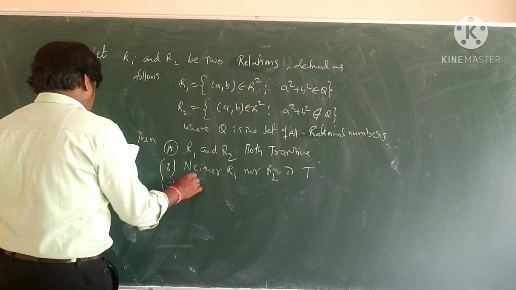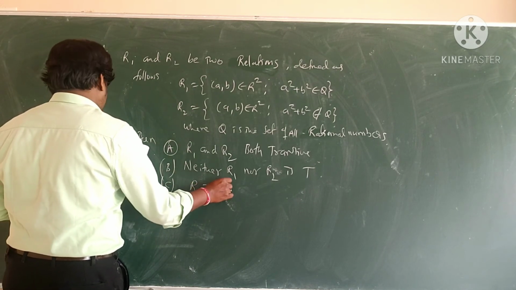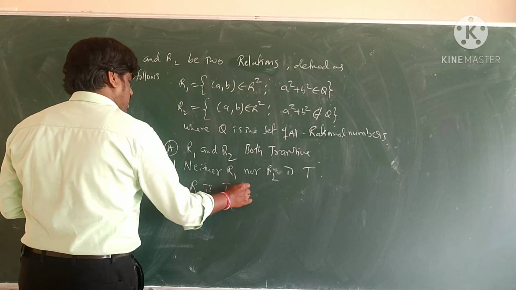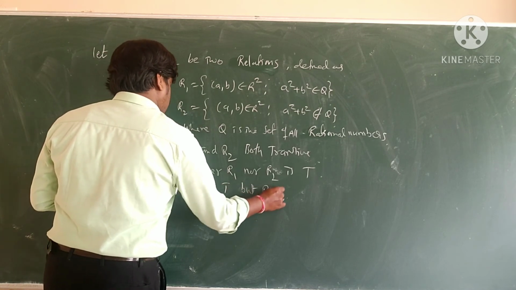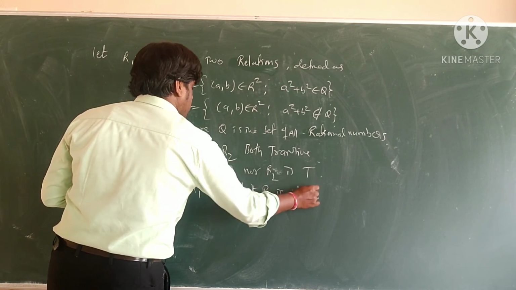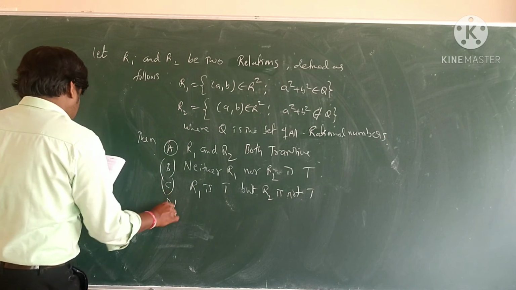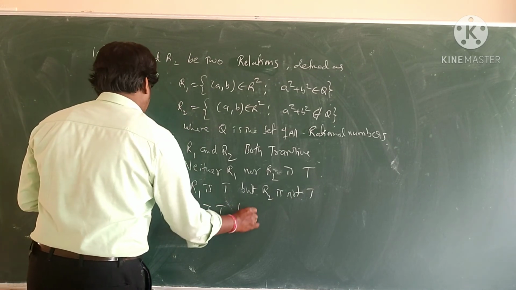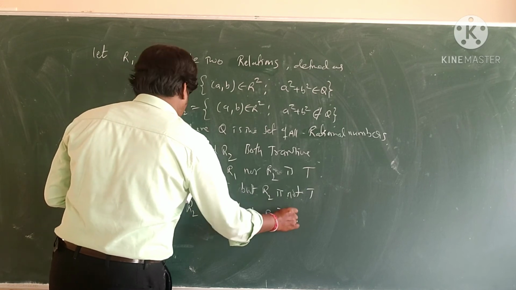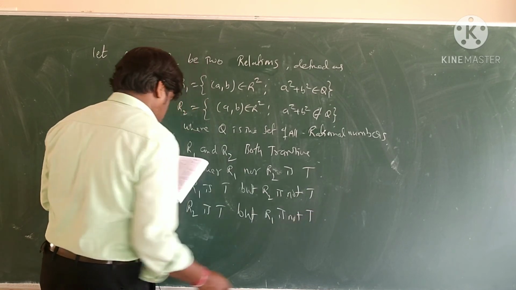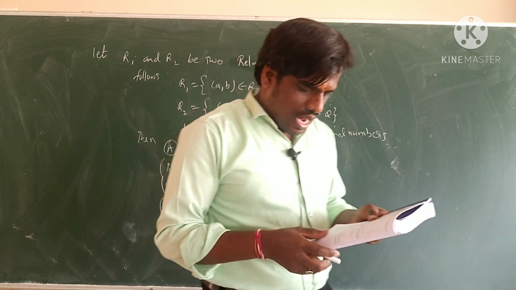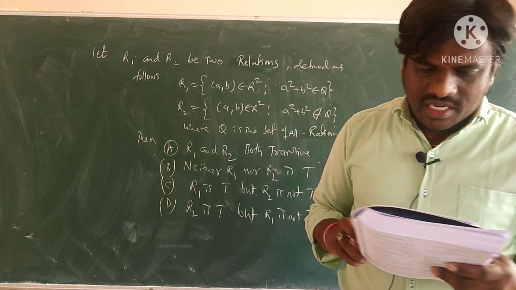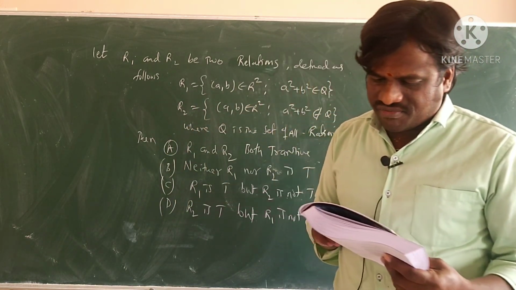C is R1 is transitive but R2 is not transitive. D option is R2 is transitive but R1 is not transitive. Okay, this is homework, sir, you try it. This was asked in 2020, 3rd September, shift 2.